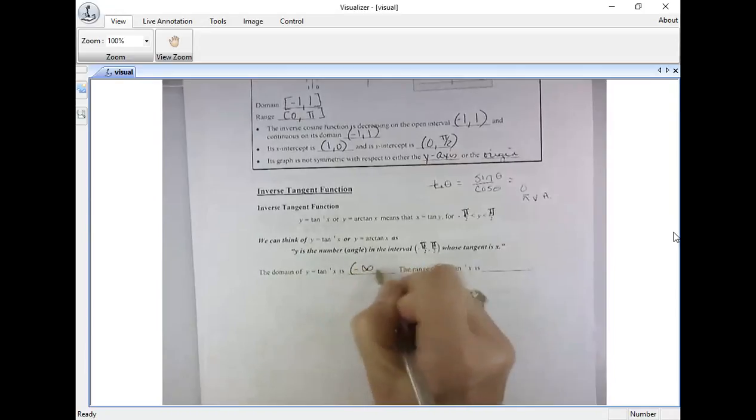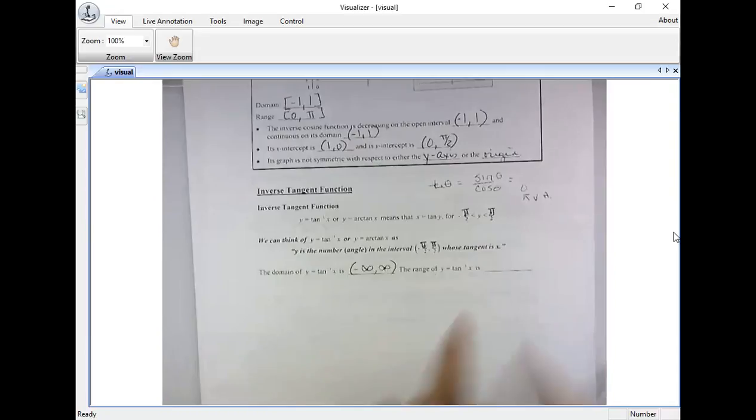Okay, so if I know what the range is on the tangent, that's going to be my domain on the arc tangent. So what would you tell me is the range on that tangent curve? Does it have any restrictions? Or does it go unbounded? So what would that make my domain on the arc tangent? That is correct. But remember, I'm switching the x's and the y's.